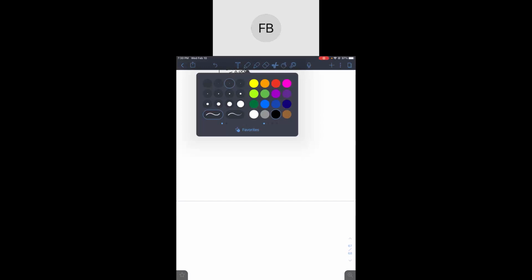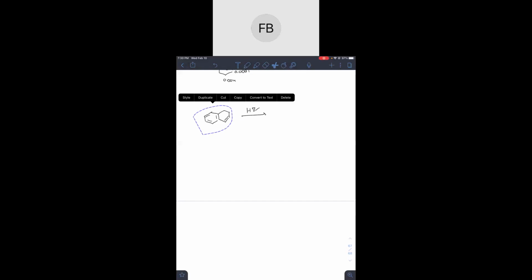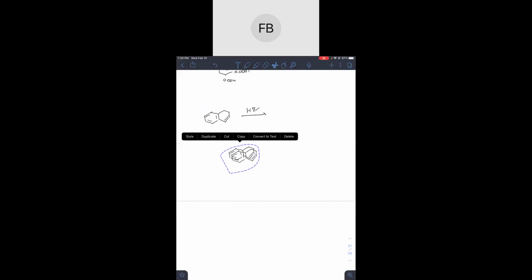When this reacts with HBr, your instinct is going to be to put Br in the benzylic position, right? So you're going to go, okay, Br attaches.